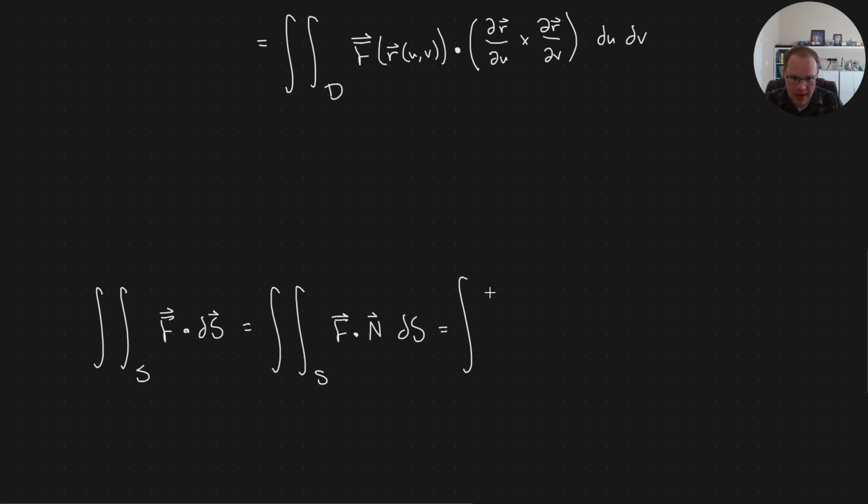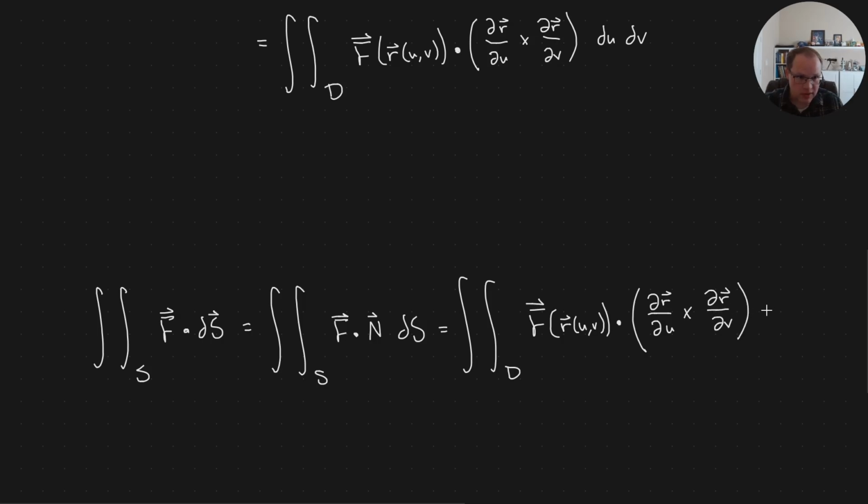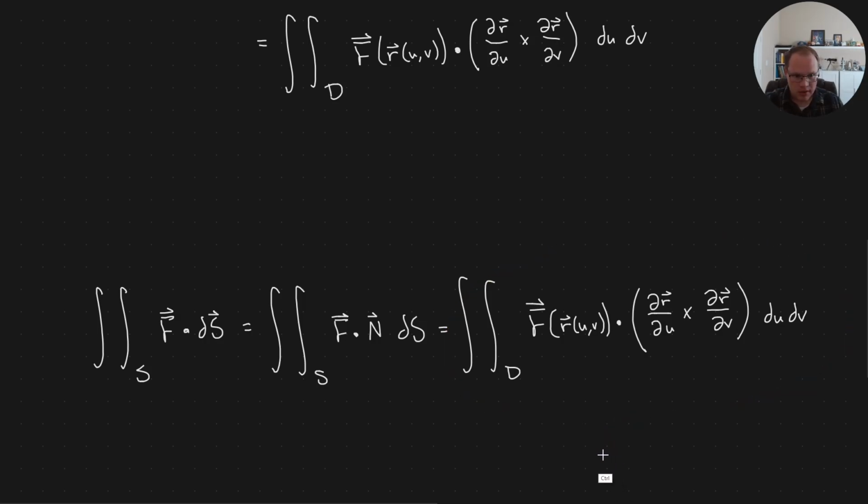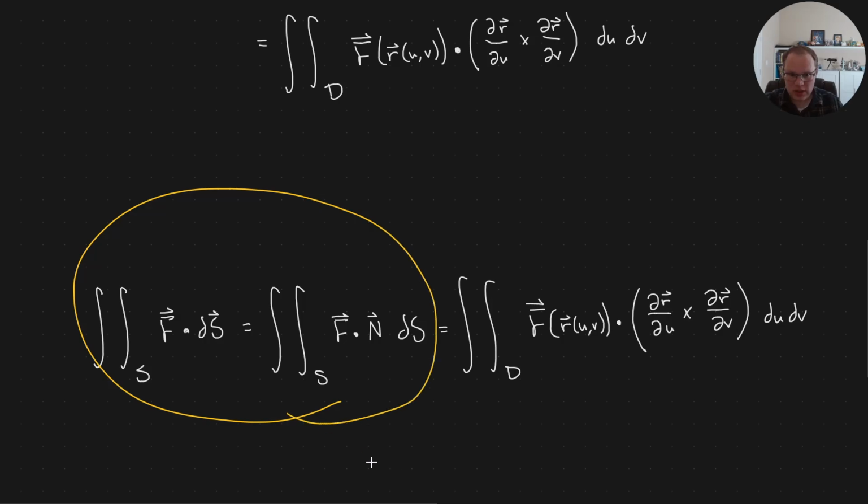And the way we actually find that is we find a parameterization for the surface, plug that into our vector field, and then take the dot product of that with the cross product of the partial derivatives of the parameterized surface. So this is what we would actually use to evaluate it. These are just nice ways to express the idea.